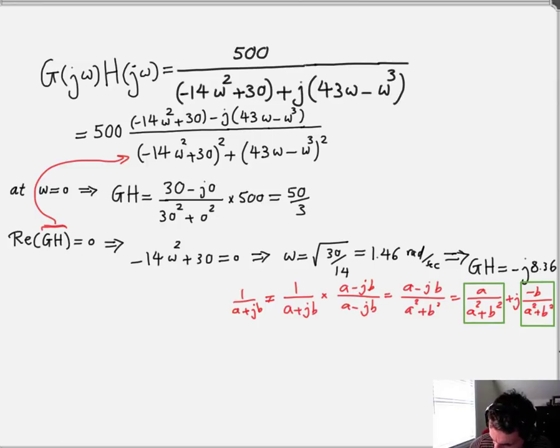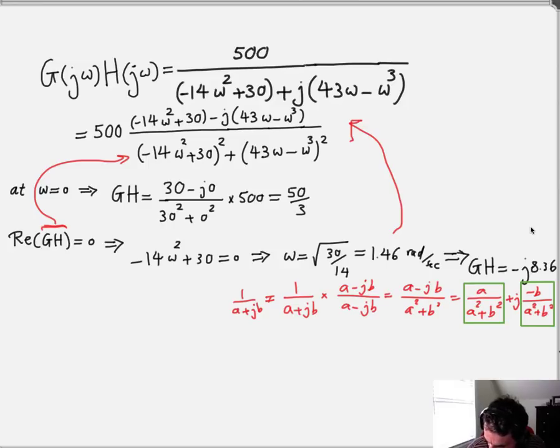Now, if you put this frequency back into this equation, you end up with GH equal to negative j8.36. What does that mean? Initially, when omega is equal to 0, you're at 50 over 3, which is like 16.66, and that's a pure real number.